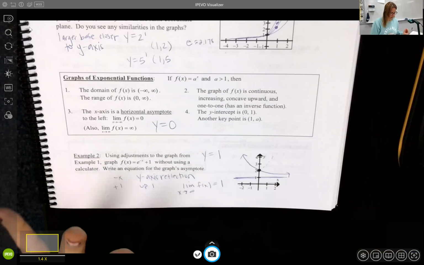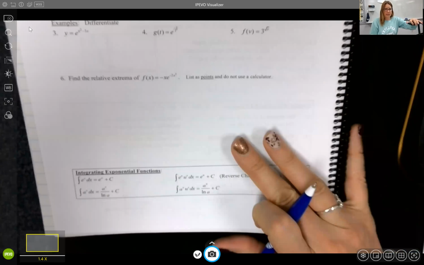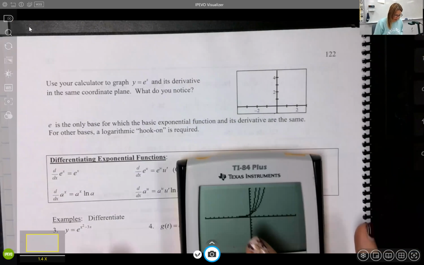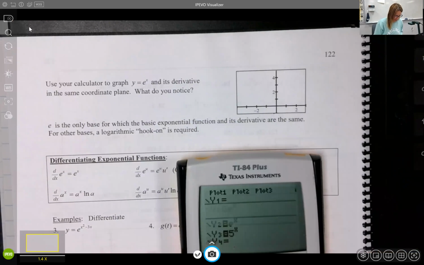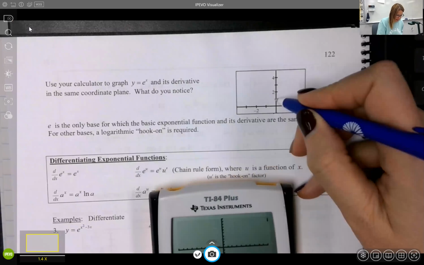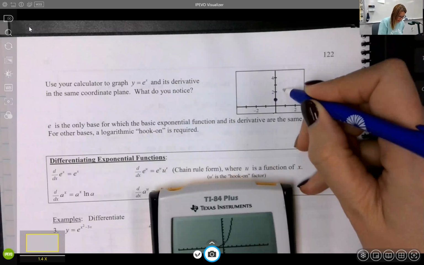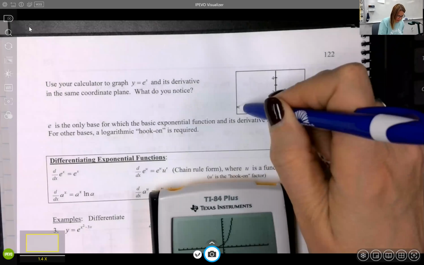All right, now we're going to notice something really cool. Are you guys excited to find out this really cool thing? We're just going to graph e to the x. It's going to go through (0, 1), and then it's going to be about (1, 2.7), like this. It's going to have an asymptote at 0.